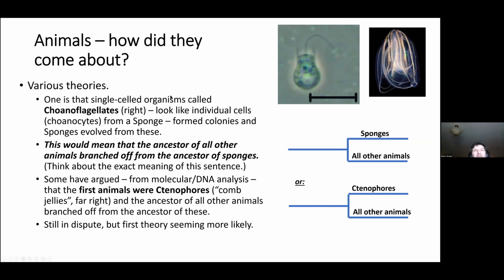The most popular one, and the one that's been held for many decades, is that these little things, which are called choanoflagellates, little single-celled things here, look very like the individual cells you get in a sponge. Sponges basically are made up of millions of cells, which are very similar to these choanoflagellates. In fact, the cells of sponges are called choanocytes, a very similar name to these single-celled organisms.